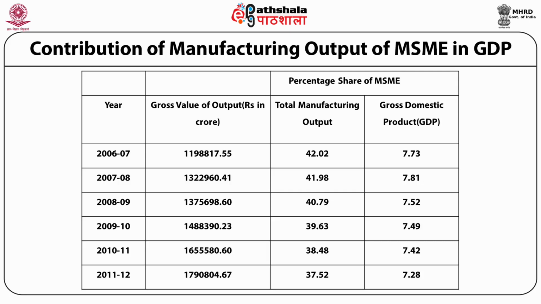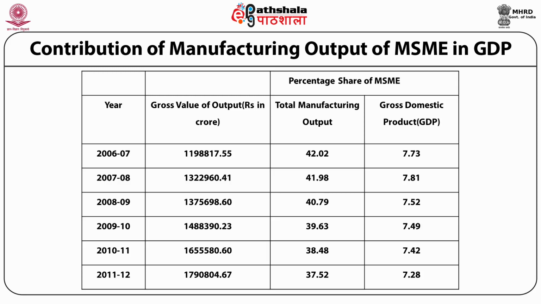Similarly, the share of MSMEs in gross domestic product was 7.73 in 2006-07, then increased in the next year, then decreased in 2008-09, because even the total manufacturing output decreased. So now in 2011-12, this was shown as 7.28.